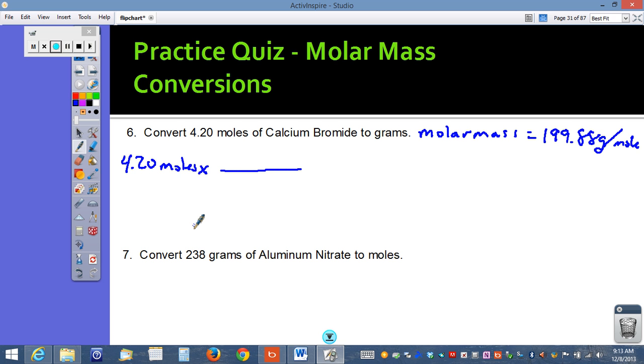The purpose of factor label method is to use the units to show you what to do. So whatever our unit is up here, the unit comes down. We have moles here, moles comes down. The rest of the unit we want to find out will go on the top. Now we're going to come over here and take a look at our conversion factor. It is 199.88 grams per 1 mole.